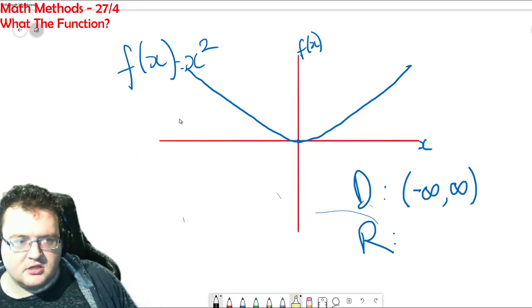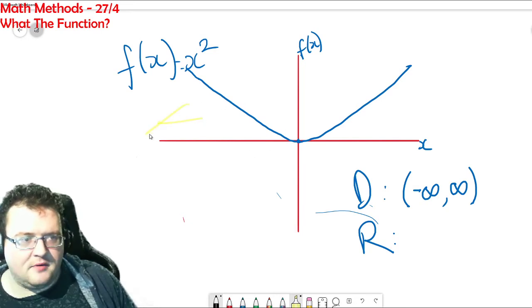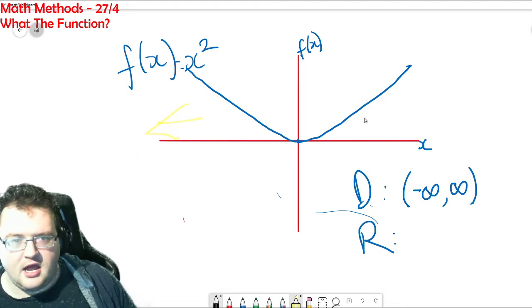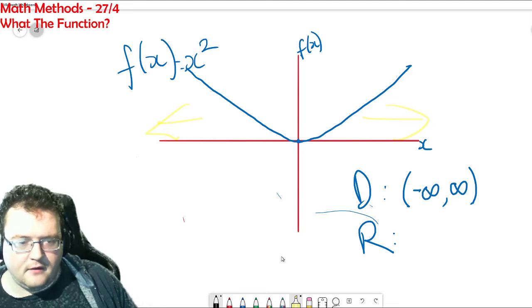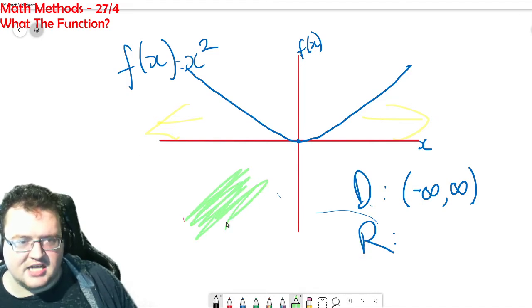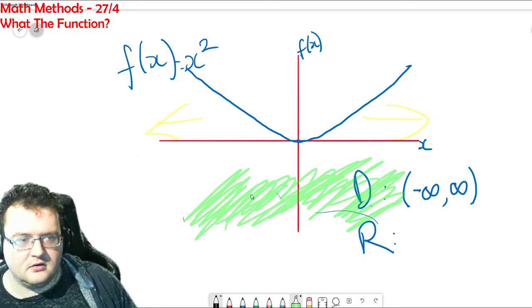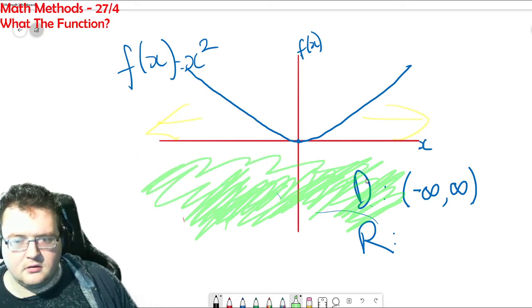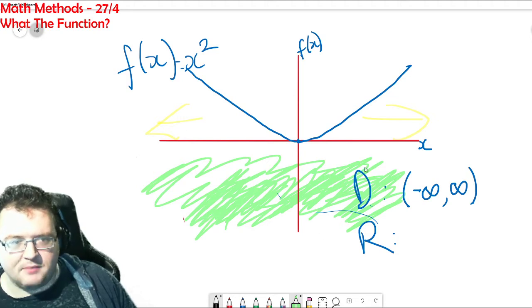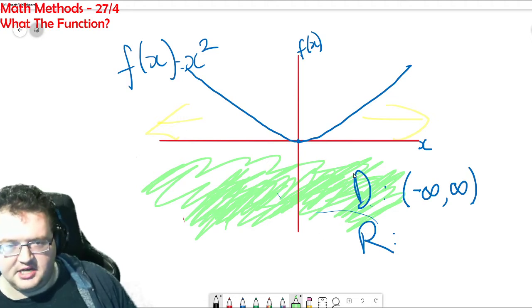All right, so the domain is every number that goes that way and every number that goes that way. However, does anything exist down here? Is there anything that exists down here? Absolutely not. So, at what point does something along the horizontal start existing?